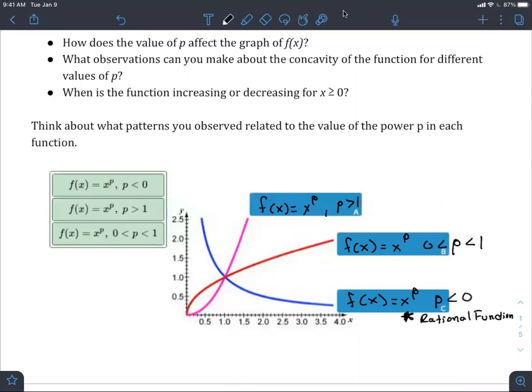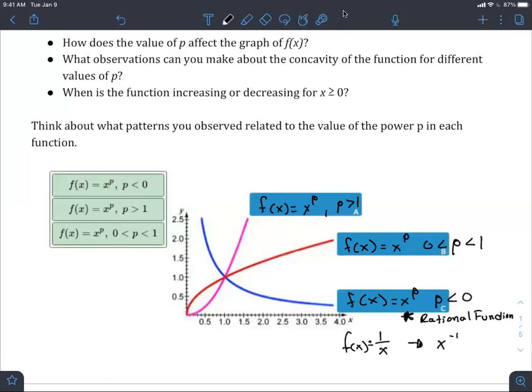Where initially they will more likely be written with x in the denominator of a fraction, and then the power becomes negative when you bring it up. So it's the 1 over x functions, which can be rewritten as x to the -1 power.